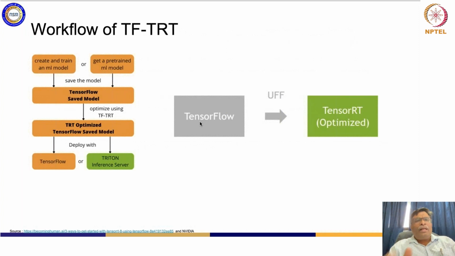Now, this is how it happens. You create and train an ML model, or you get a pre-trained ML model. Both are possible. You save that model. Obviously, you train your model and then you save it. Once you save that model, you get a TensorFlow saved model. There is also something called a TensorFlow frozen model.